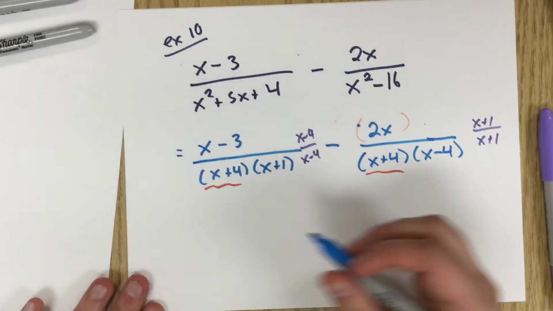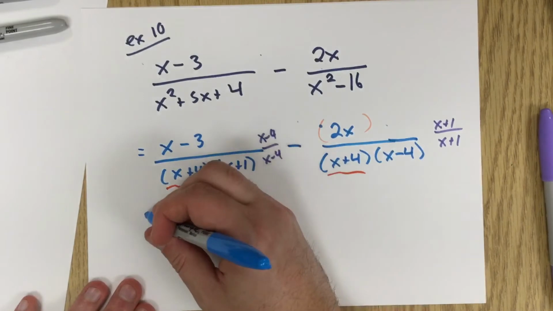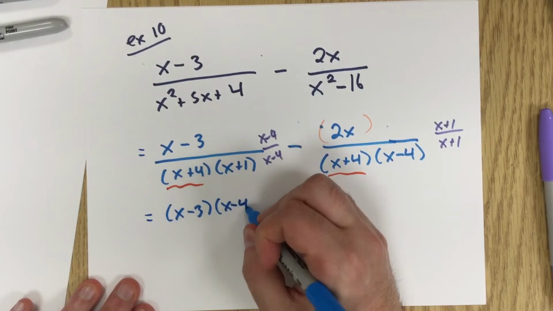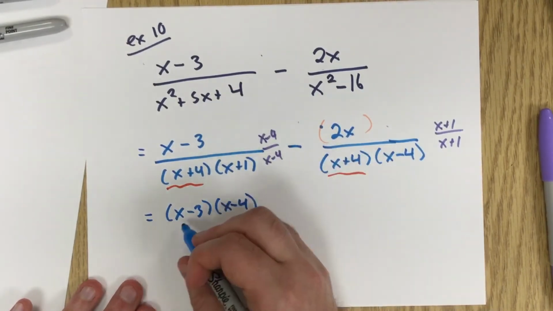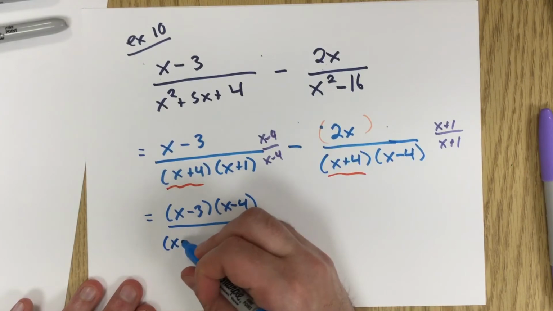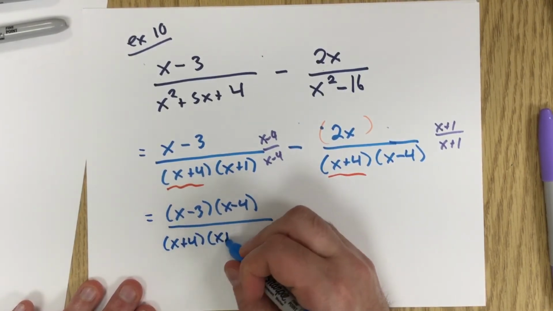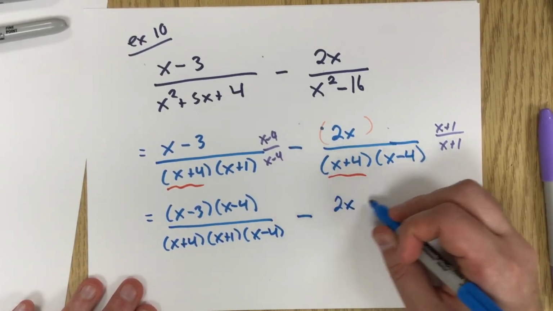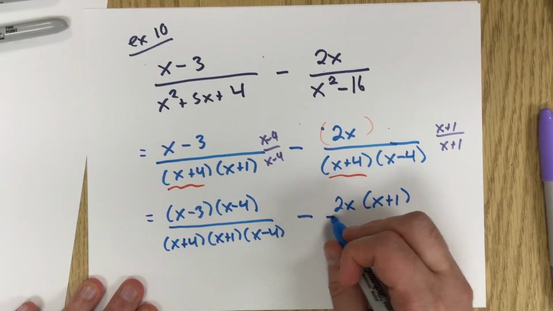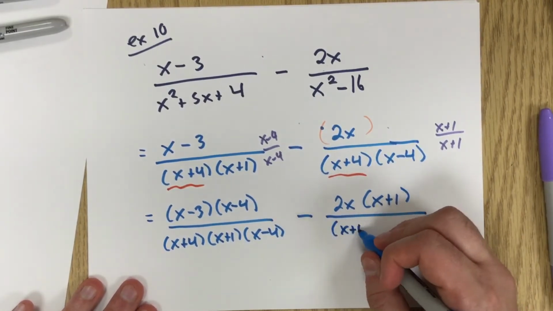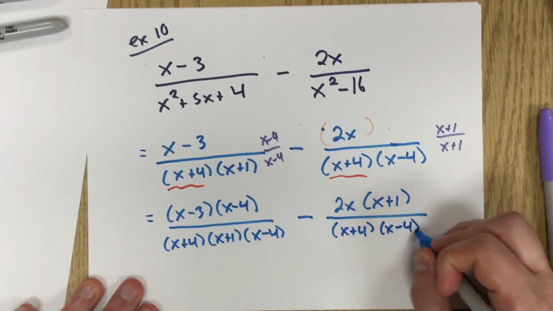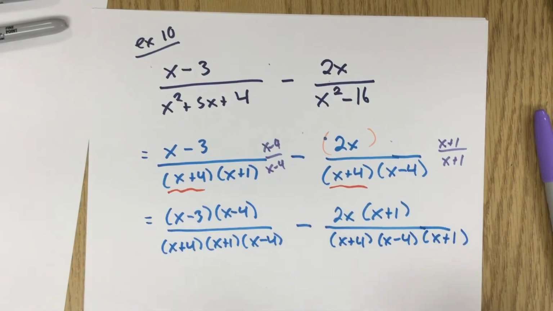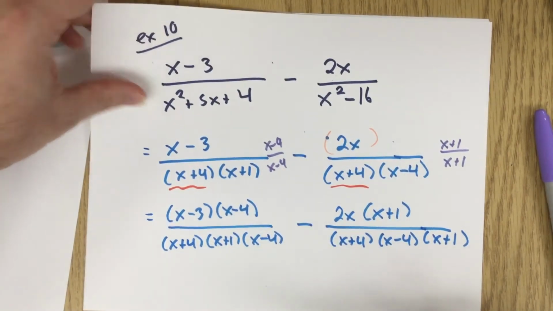So overall, that is going to give us, kind of went off the screen there, (x minus 3)(x minus 4) over (x plus 4)(x plus 1)(x minus 4) minus 2x times (x plus 1) over (x plus 4)(x minus 4)(x plus 1). And these are the same, different order on the bottom, but the same nonetheless.